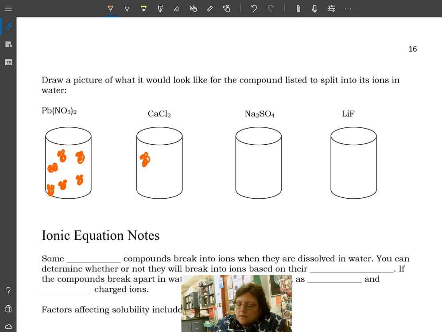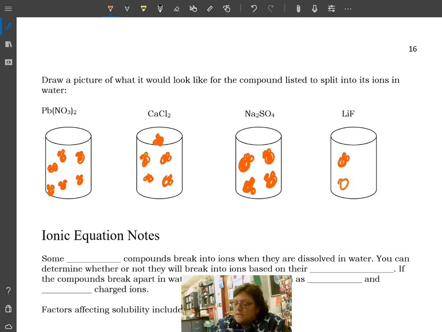And what happens is that, just like I showed you on the page before, those ions have a slight partial charge. The oxygen end has a slight negative charge, and the hydrogen end has a slight positive charge.